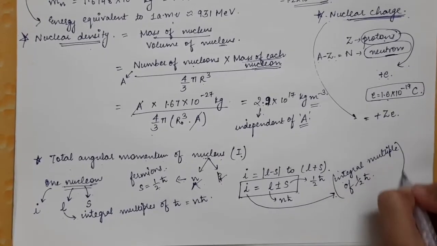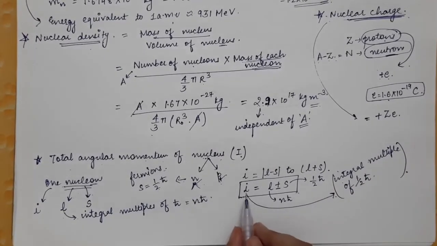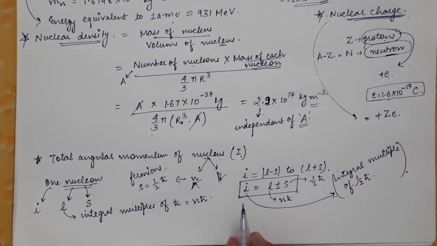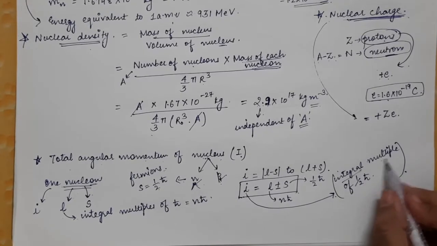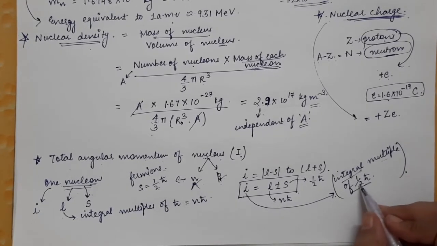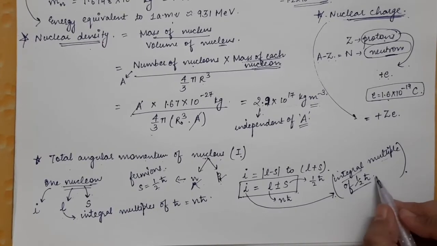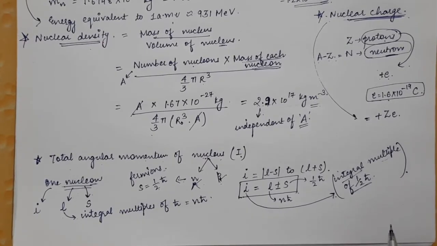So small i, the total angular momentum of a single nucleon, will take values which are odd integral multiples of half h cut, that is, it will be either half h cut or 3/2 h cut or 5/2 h cut and so on.